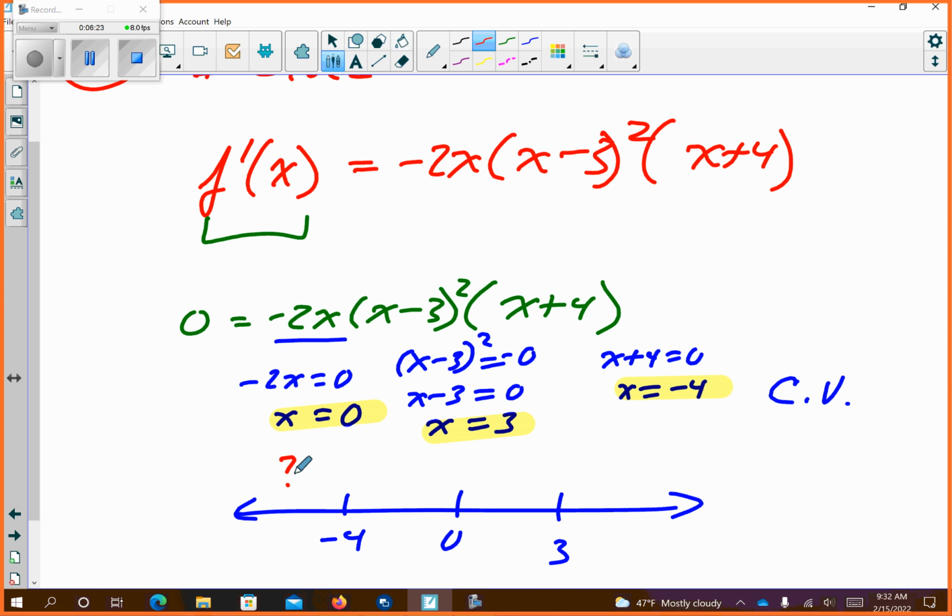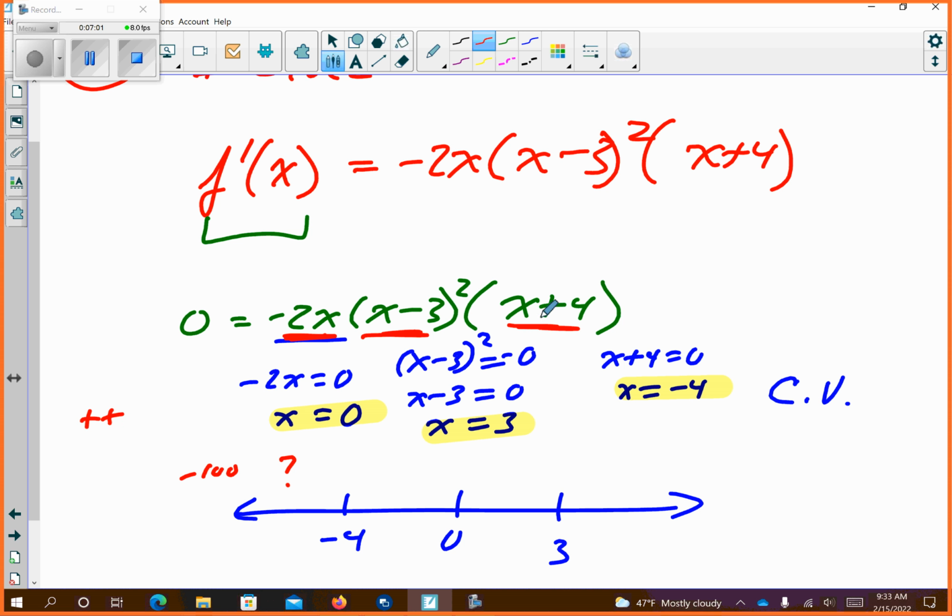So think about this. If I plug it into this first part here, all three of these are being multiplied together. Agree? Okay, so -2 times -100 is a positive number. And then I plug -100 in: -100 minus 3 is -103. If I take a negative number and I square it, I get a positive.